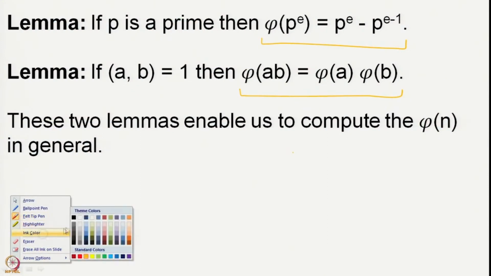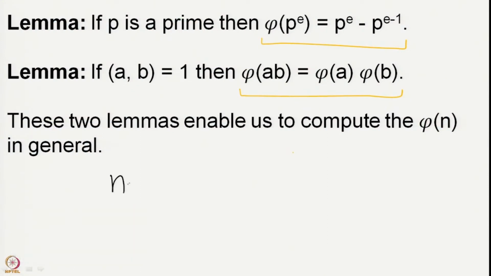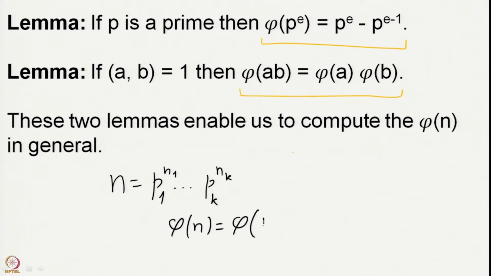So, these two lemmas enable us to compute the Euler phi function in general, and the way to go about that would be that you write n as a product of distinct prime powers, and after that we observe that we should have this property. This is how one would compute the Euler phi function in general.